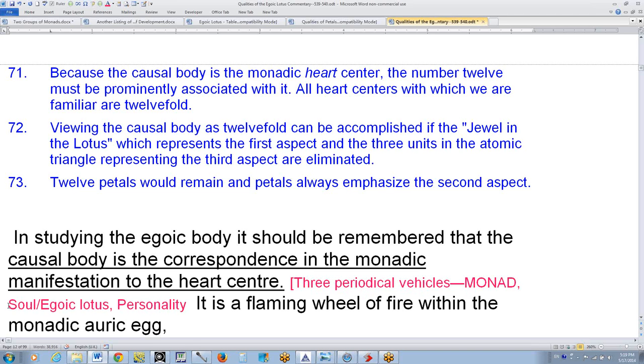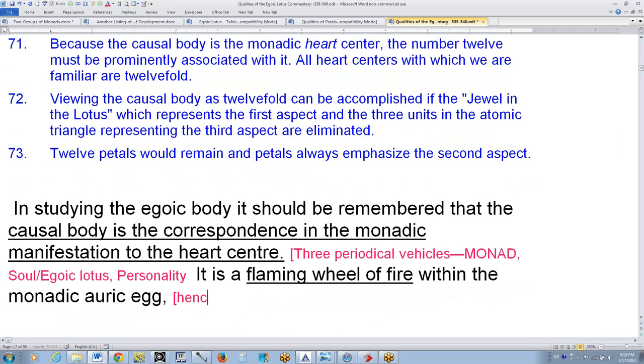It is a flaming wheel of fire. He told us we're going to be studying it from the fire aspect, right? Within the monadic auric egg. So we could say, hence the appropriateness of the word ego when related to the monad.